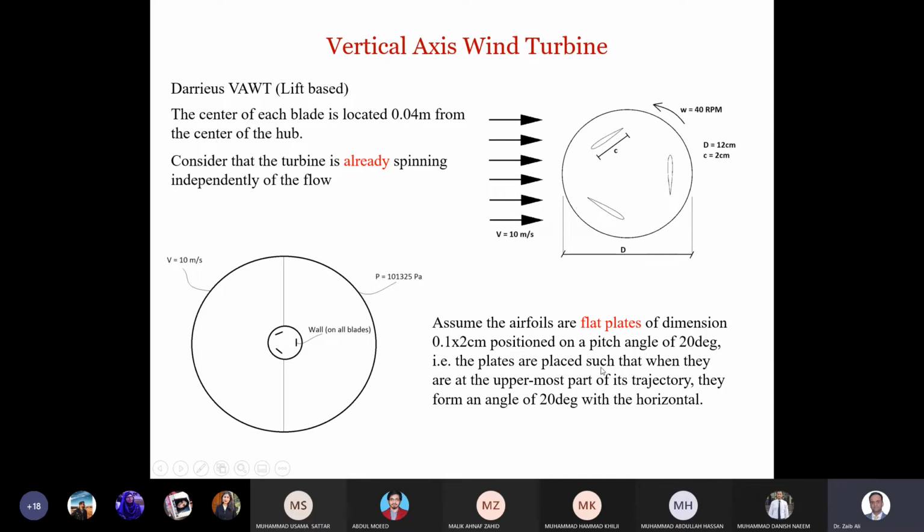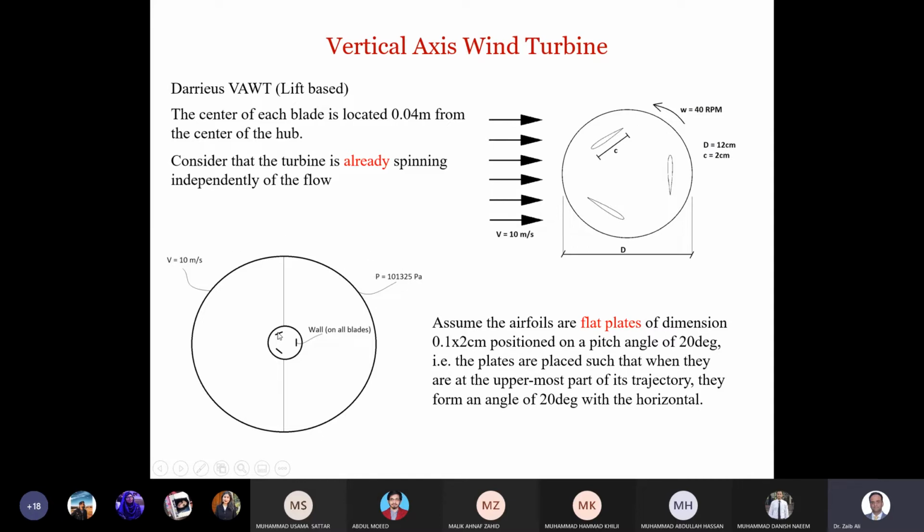That means that the plates are placed such that when they are at the uppermost part of the trajectory, they form an angle of 20 degrees with the horizontal. So this is the horizontal axis. So when they are here, they are at 20 degrees with the horizontal. So that's another assumption.